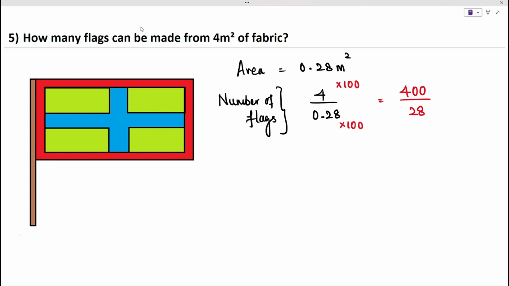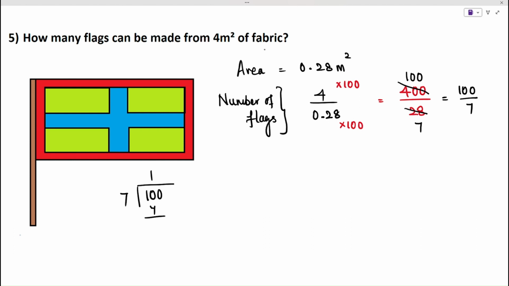So 400 divided by 4 gives us 100, and 28 divided by 4 gives us 7. We're now left with the fraction 100 over 7, and we can convert this into a form where we can easily divide now. So we'll set up our division. So we have 100 divided by 7.